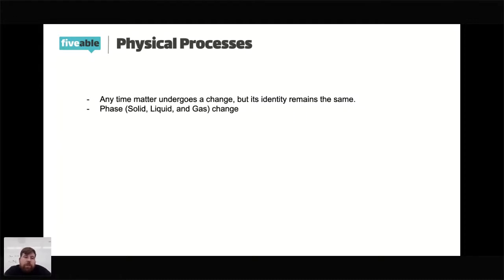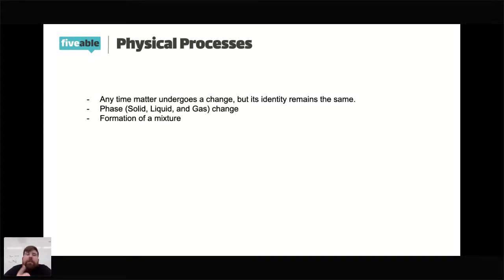When you're melting, boiling, evaporating, condensing, going from solid to liquid, liquid to gas, gas to solid, the identity of the substance does not change, and therefore it is considered a physical process or a physical change. Another one that isn't as obvious is the formation of a mixture.